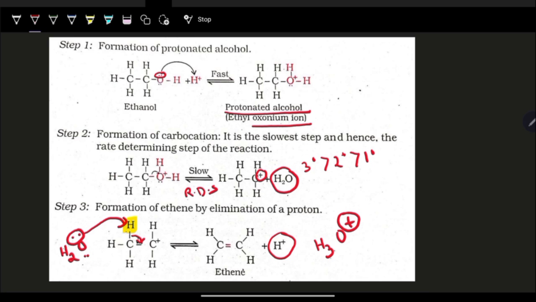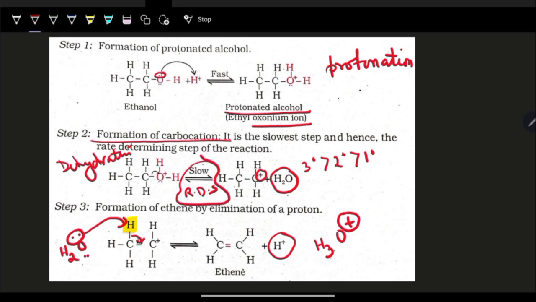So step 1 is protonation. Step 2 is dehydration, because there is removal of H2O, and formation of the carbocation intermediate, and it is your slow RDS, rate determining step.